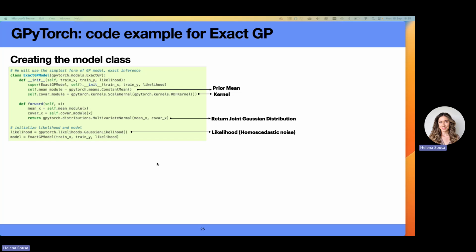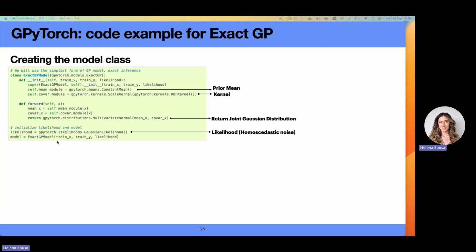For an actual piece of code, when we want to create this model class, in this example it's just an exact GP. We define the mean, which as I said can usually be a constant mean, and a kernel. Then this returns the multivariate normal with the mean and the kernel that we define.